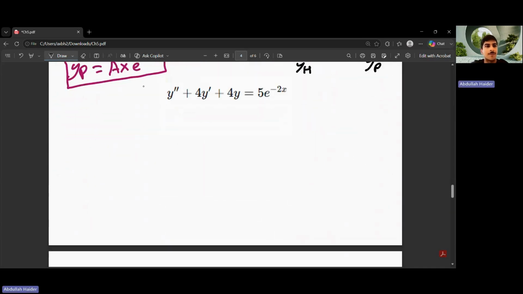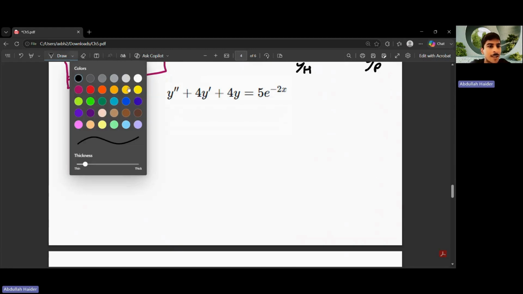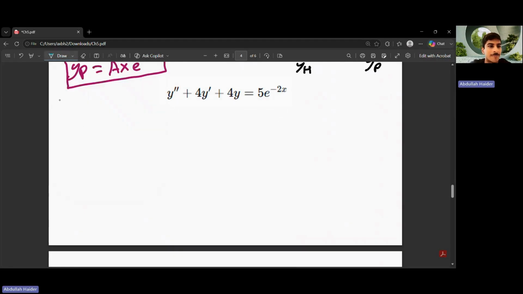Now, this question. Same as before, we start off by finding yh and yp. So yh is basically the auxiliary equation equal to 0.